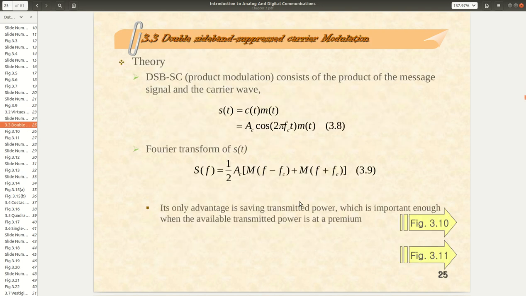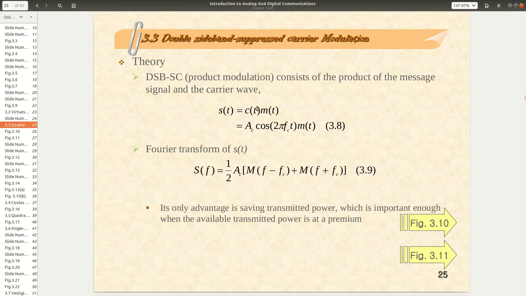First, double sideband suppressed carrier modulation consists of the product of the message and the carrier wave. So we remove the carrier power here. This is the only advantage: we save the transmission power of the carrier signal from being transmitted.